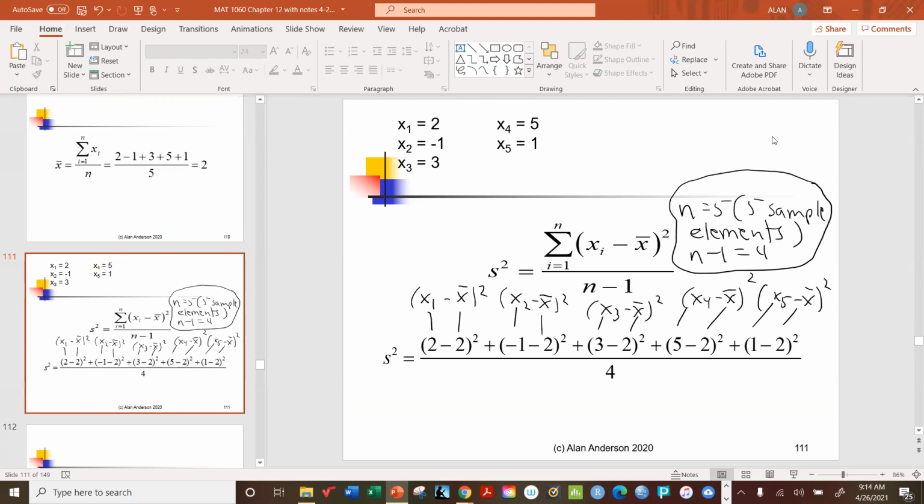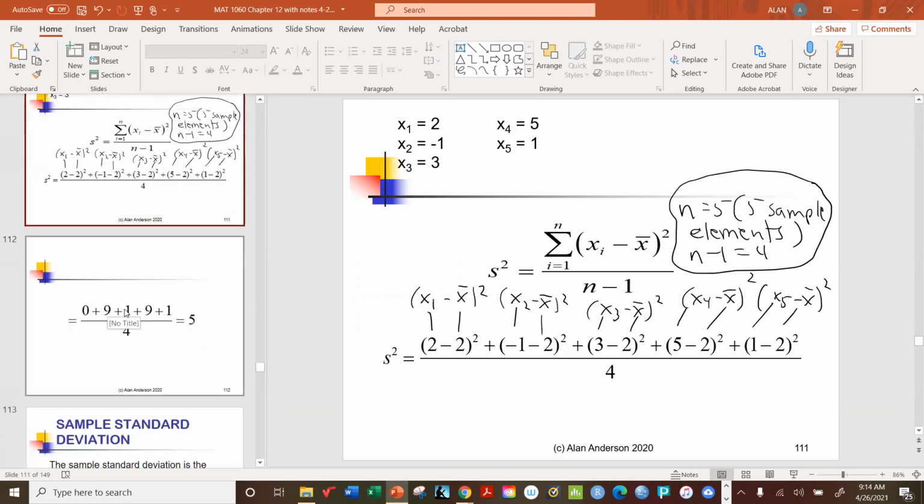Now, the next step is simply to calculate these. What I usually encourage people to do is calculate what's inside the parentheses first before you go any further and square them, because that way it's harder to make mistakes. One of the big problems with this formula is that it's so easy to make mistakes. So why don't we do it right here?